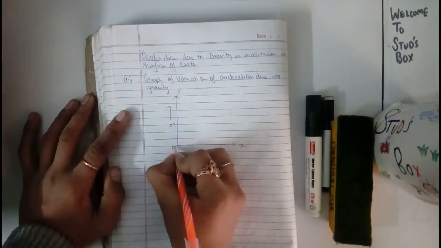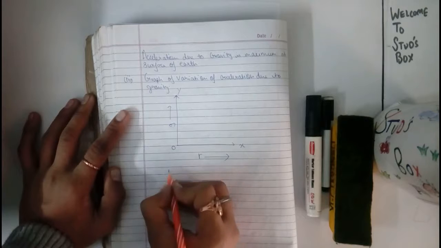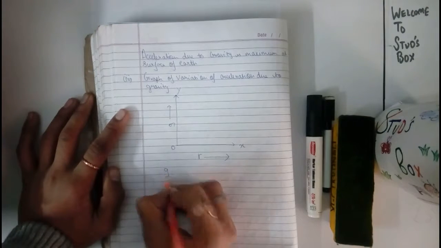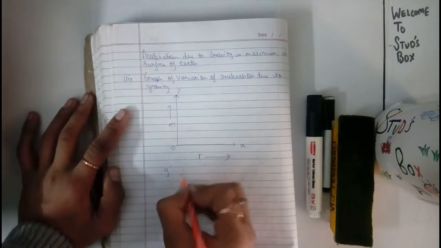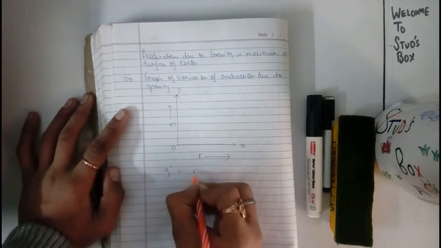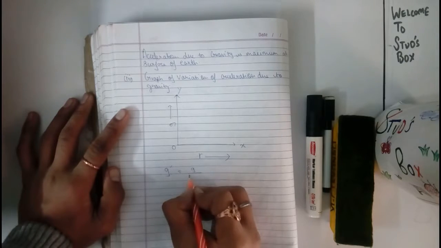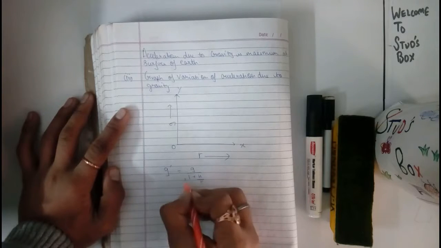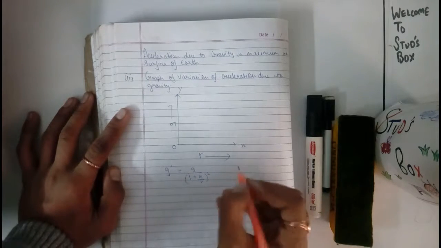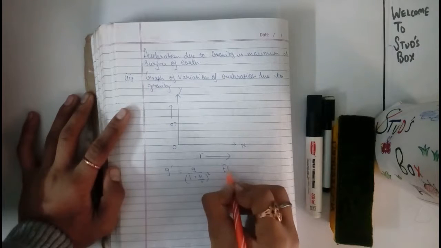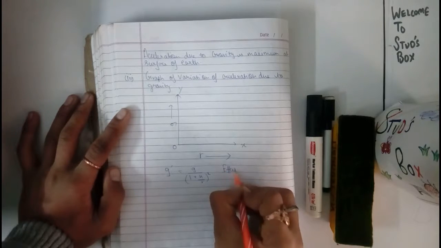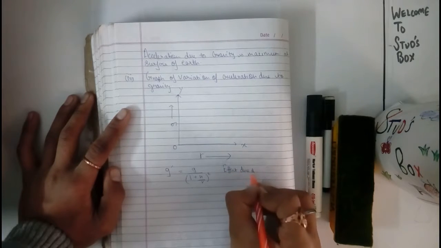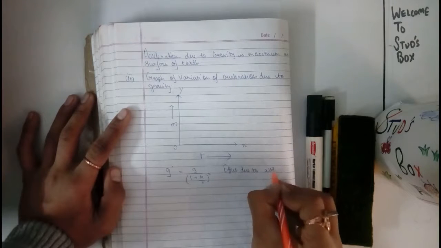This is the origin. Now we know that g' equals g divided by (1 plus h by r) whole square. This is the effect due to altitude.